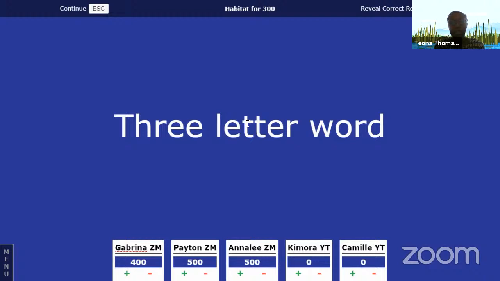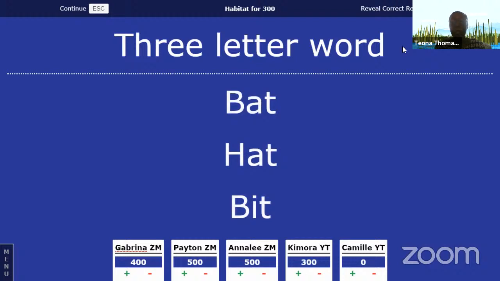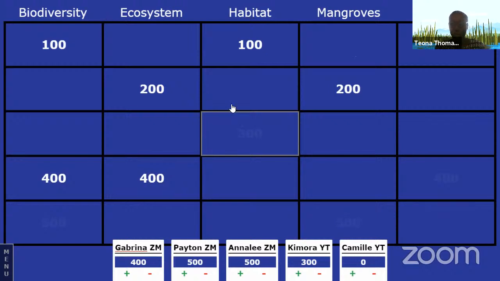It's showing 300. Camille is trying to figure it out, so let's give her a few seconds. Camille responds with the word bat. Is she correct? Awesome. So Camille has earned her 300 points.